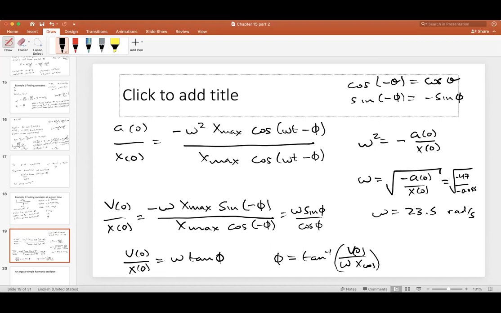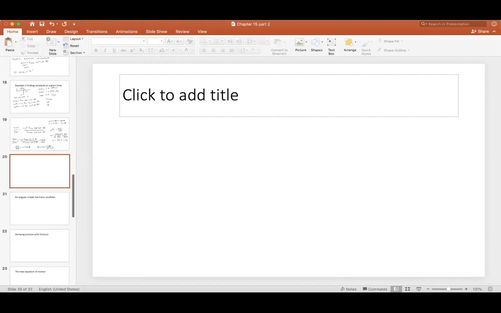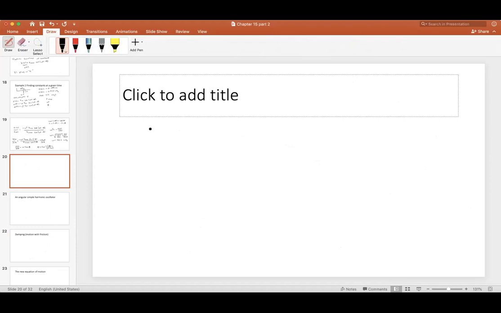And I have to warn you right now, this is where me and your book differ. We differ a lot here, okay? So I found that phi was arctan of v of 0 over x of 0 times omega. Remember that v was negative and x was negative, therefore there are going to be no negative signs.